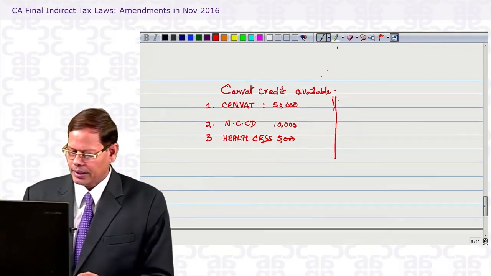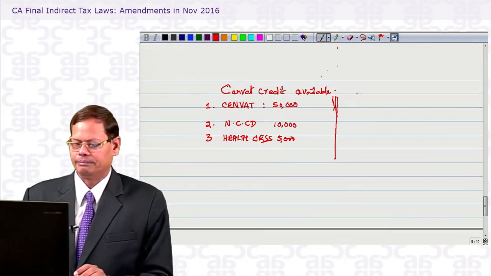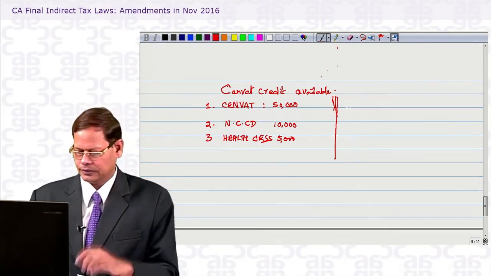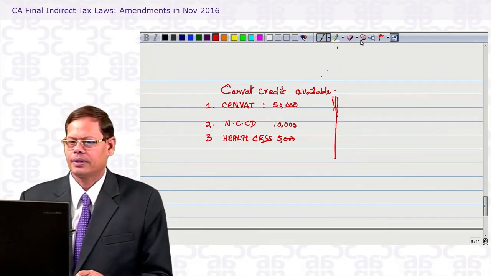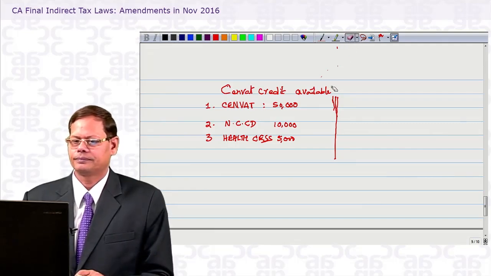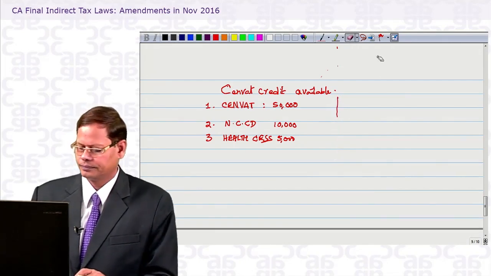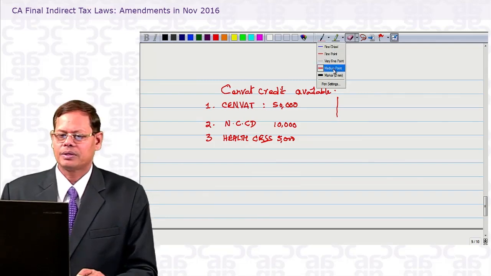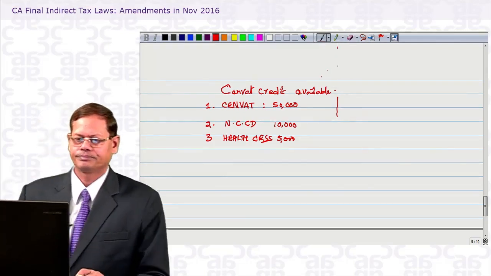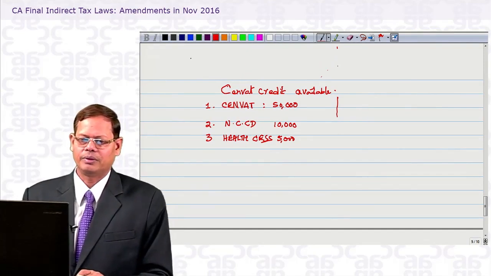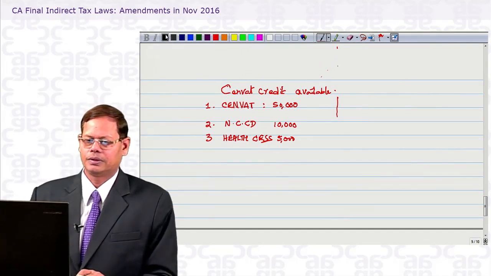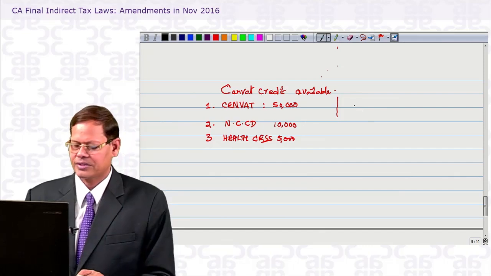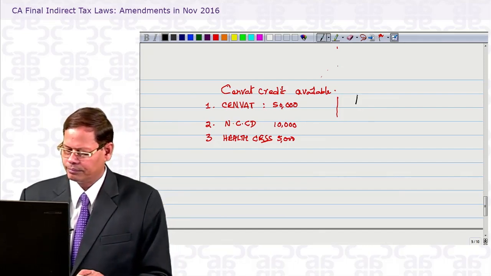Now, credit payable. Let us say, what are the duties payable? Some duties are payable obviously. What are the duties payable by a manufacturer?